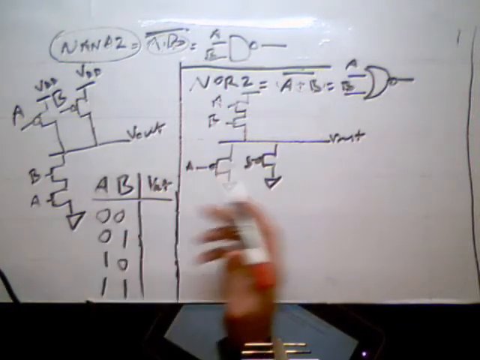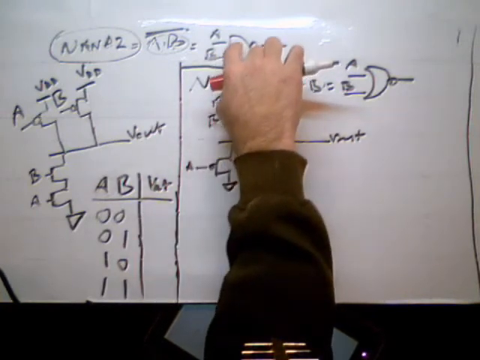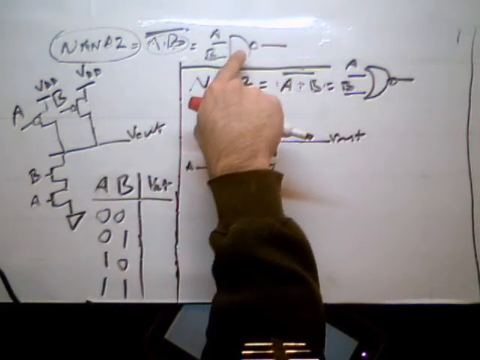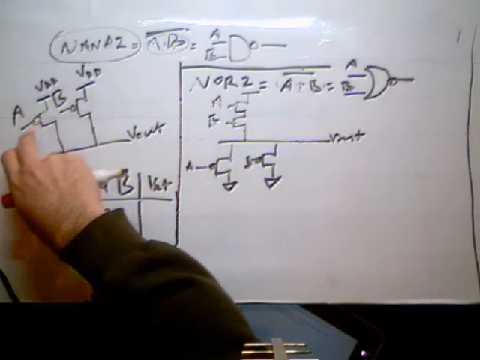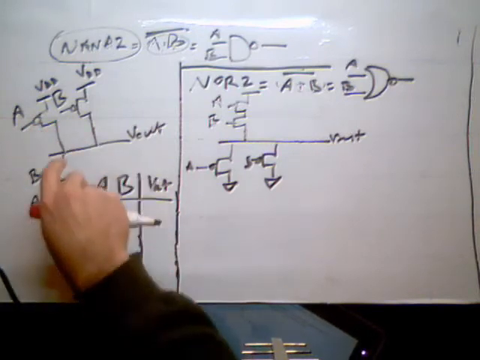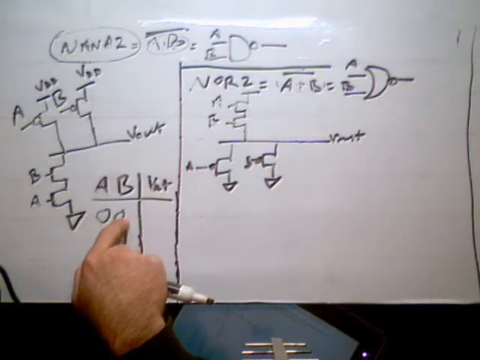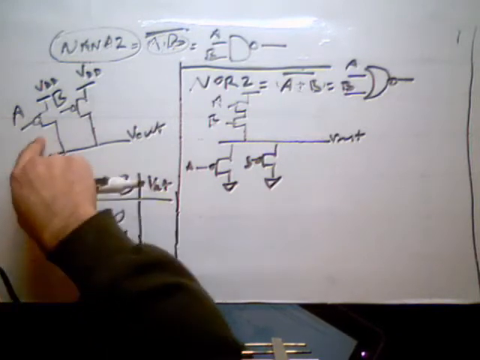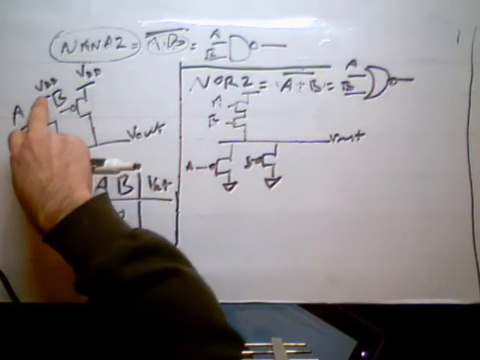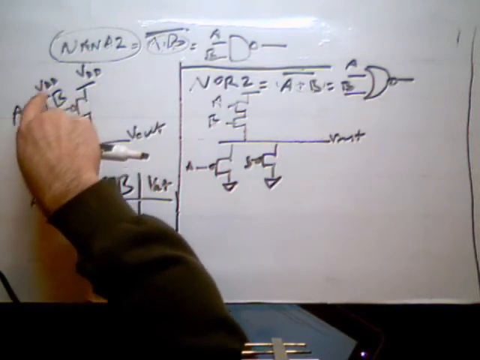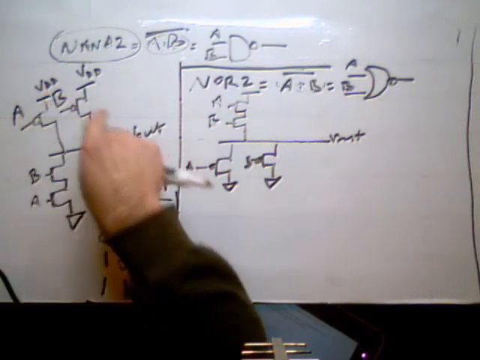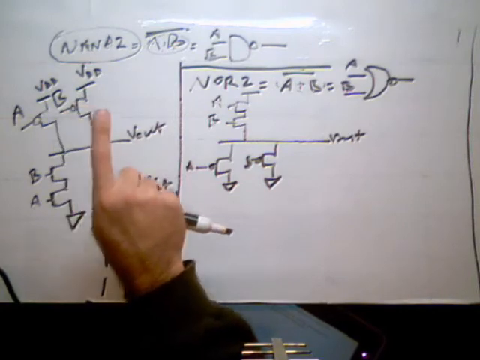You could go by testing your knowledge through this guy here, or you could go about it by giving these values to this guy. So let's just go by giving 0, 0 to A and B and see what happens. If A is 0 and B is 0, these transistors are on. We're going to take this voltage and supply it out. Therefore, V out is going to be 1.